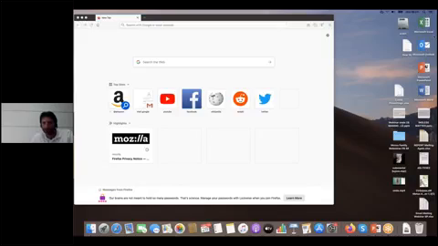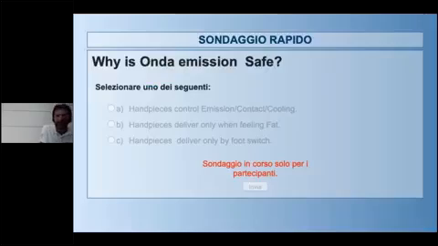Then the fourth of 5 questions. Why is Onda emission safe? We have been discussing pretty deeply today about this method. So the 3 possible answers are handpieces control emission, contact, and cooling, so a real-time emission on all of the 3 features. Handpiece delivers only when feeling fat, very sensitive ones.